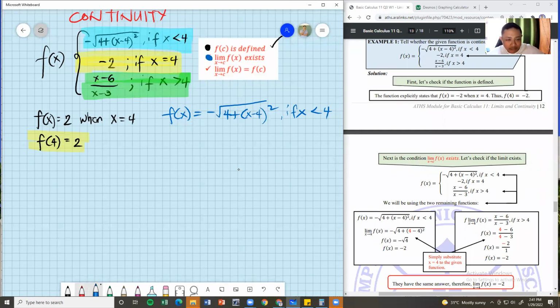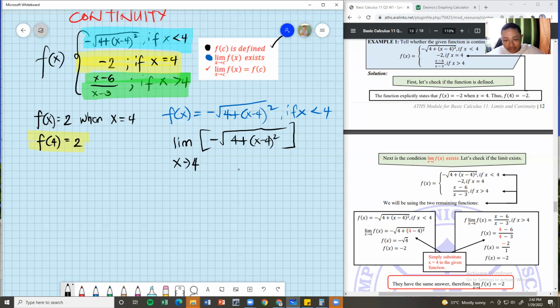Let's translate it into limits. So this will become the limit of negative square root of 4 plus x minus 4 and the quantity squared as x approaches c. Our c here is 4. Remember that. And also, condition siya ni 4. So therefore, as x approaches 4 tayo dito.